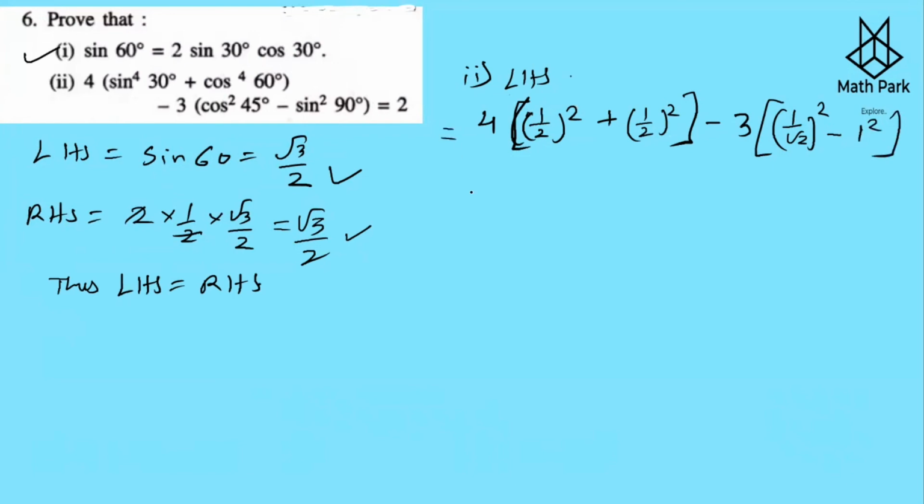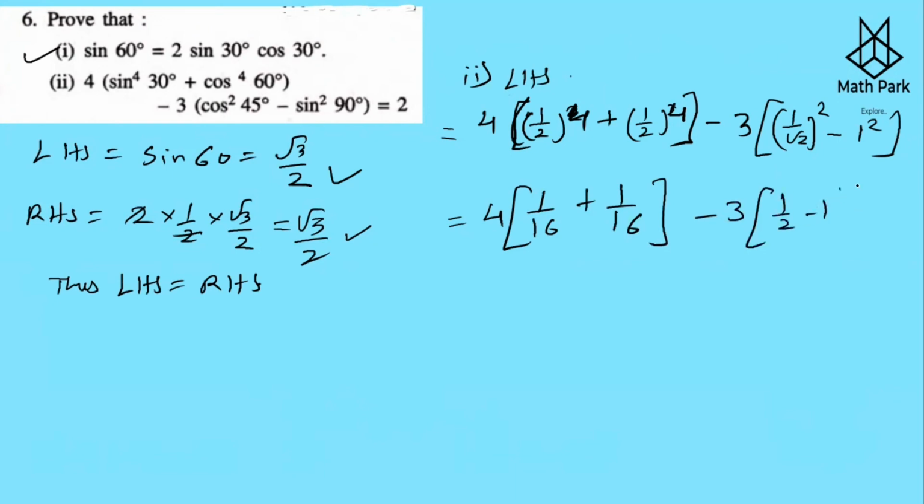So this becomes 4. Let us simplify inside the bracket. 1 upon 2 raised to 4, I'm so sorry, this is raised to 4. So 1 upon 2 raised to 4 is 1 by 16, plus 1 by 16, minus 3 in bracket 1 upon root 2 square is 1 by 2, minus 1.